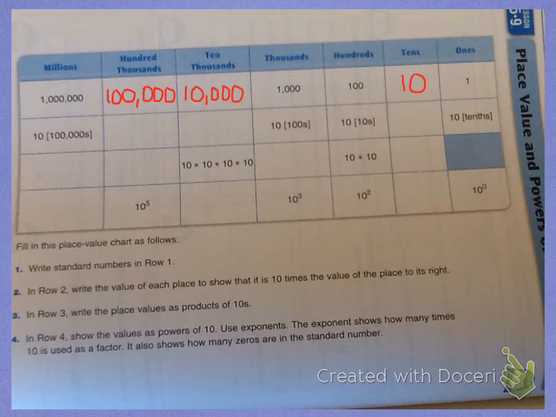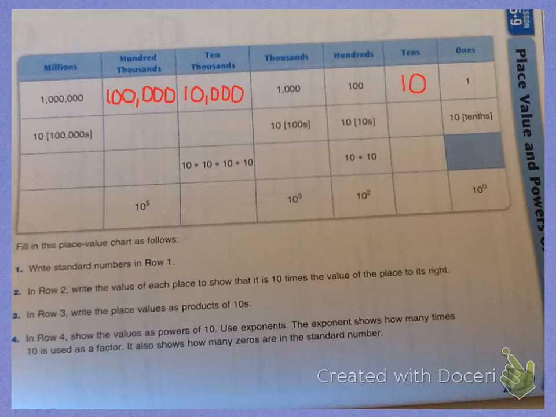So that means there would be 10 of 100,000s for us to equal 1 million. Let you think about that for a second. Okay, 10 100,000s is equal to 1 million up there at the top.